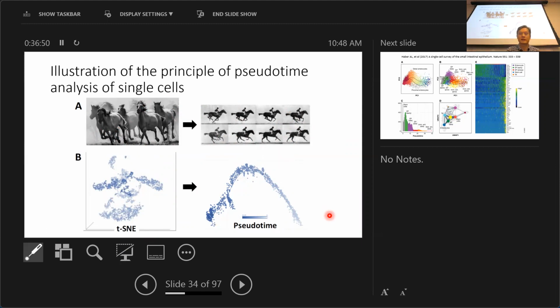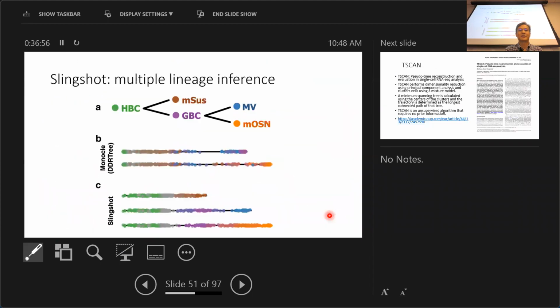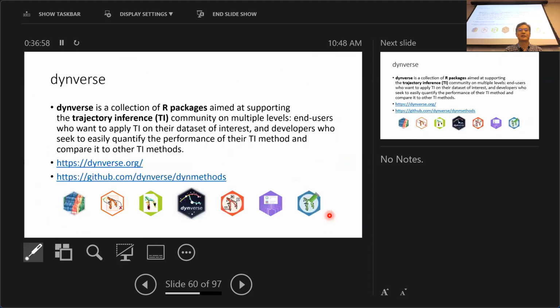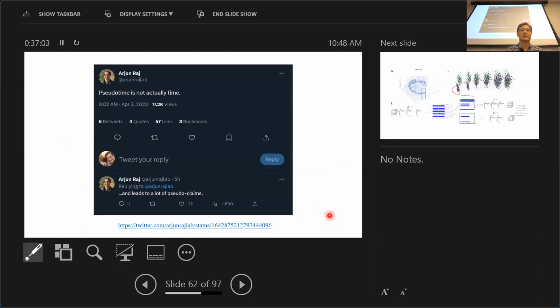But let me jump to the Twitter quotation I want to show you at the end. Yeah, I don't have that. So this is from Raj, and again, this is from yesterday. He said pseudotime is not actual time. So he probably spent some time and realized, okay, pseudotime is not actual time, and it leads to a lot of pseudo claims.